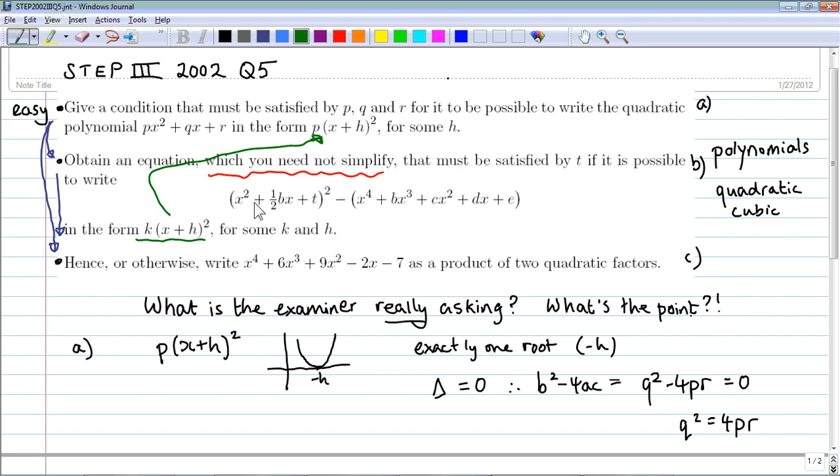Yeah, so here the words "for some k and h" mean we don't need to know k and h, so that's already something we don't need to do: find k and h. And also I underlined this in red, which you need not simplify. So whatever we're going to do, yes, it will be complicated.